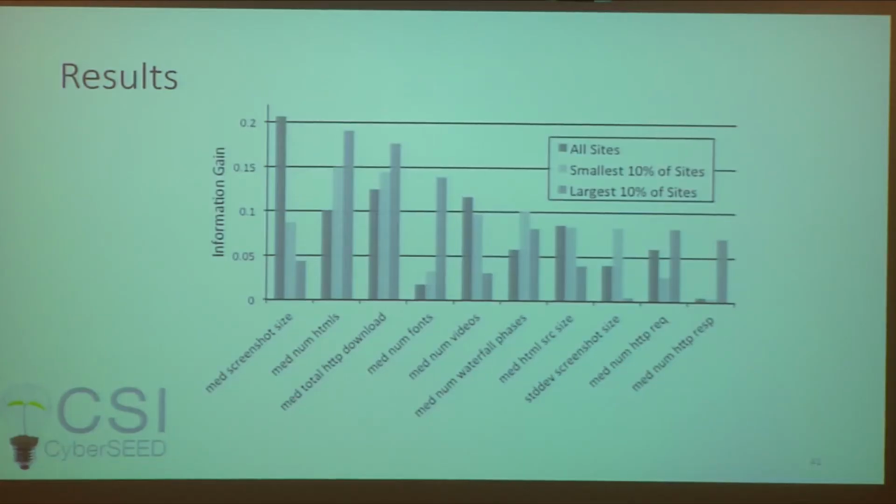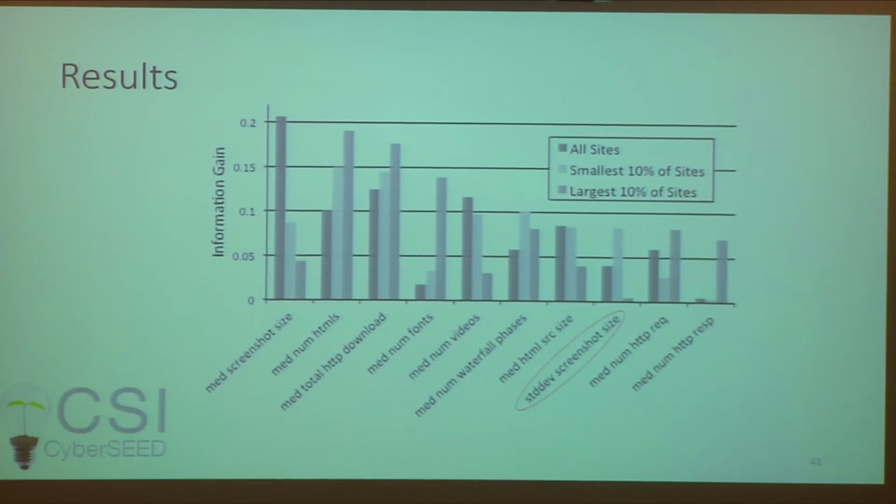And we come up with a feature ranking for different sets of our data set. So we have using all sites, just the smallest sites, and then using the largest sites. We find that when we look at all the sites or the largest 10% of sites, we get a lot of these size features being very predictive. Screenshot size, obviously, for all sites, but then we have things like the HTTP download size and the screenshot size coming in for the largest 10% of sites.